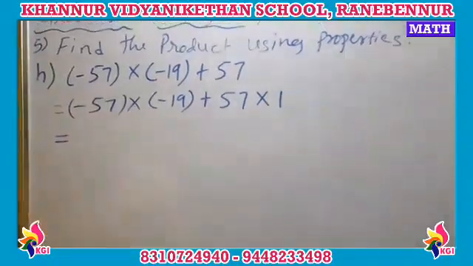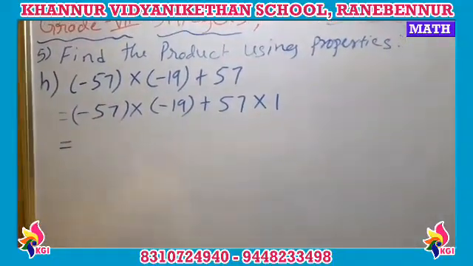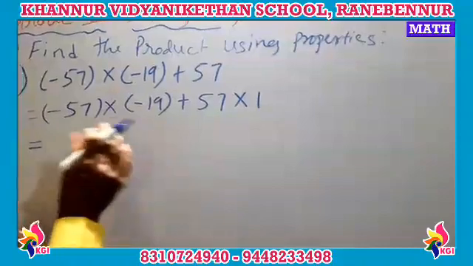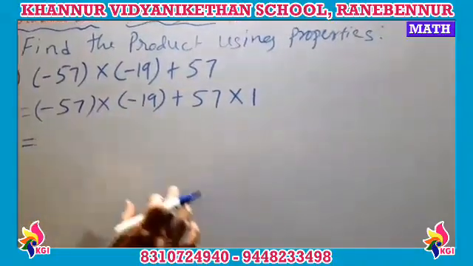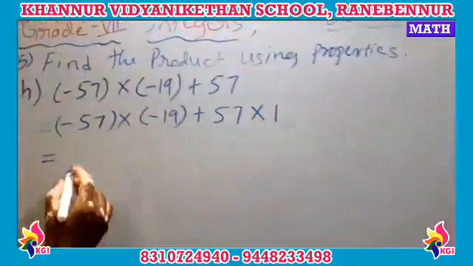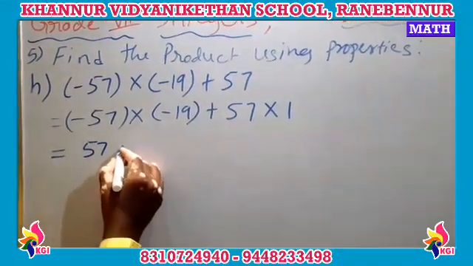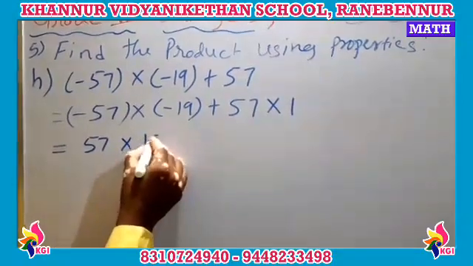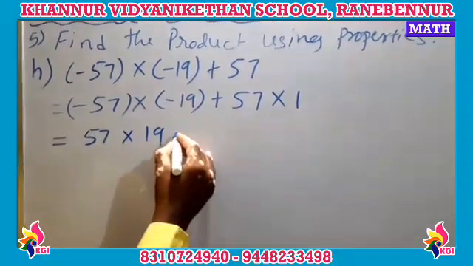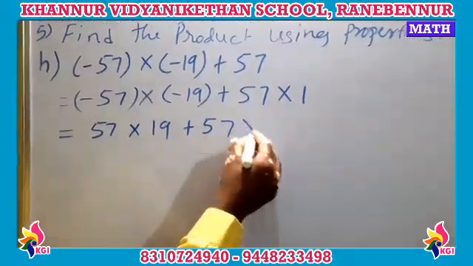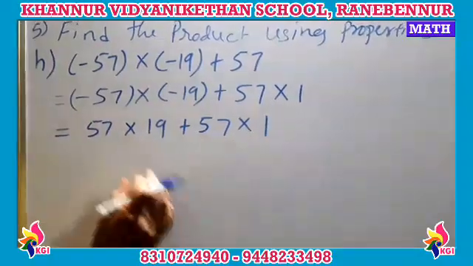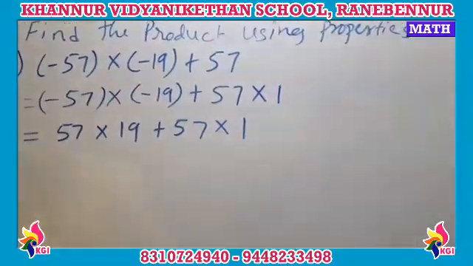Okay. So if I take 57 as common, I am going to remain here with 57, and here I need to multiply this one with 19. Okay. Then next plus 57 into 1. Here both the negatives were taken off.